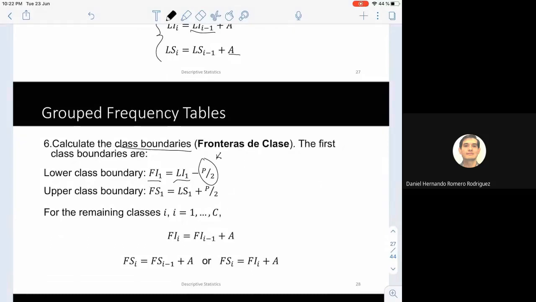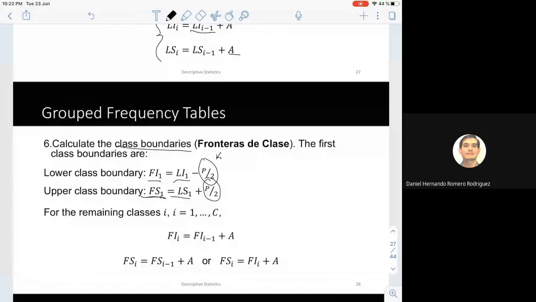All right, then the upper boundary, I'm sorry, is going to be equal to the upper limit plus the precision divided by 2. And once we have computed the lower and upper boundaries for the first class, then for the remaining classes the idea is simple.